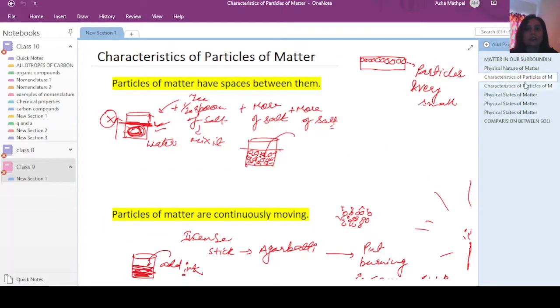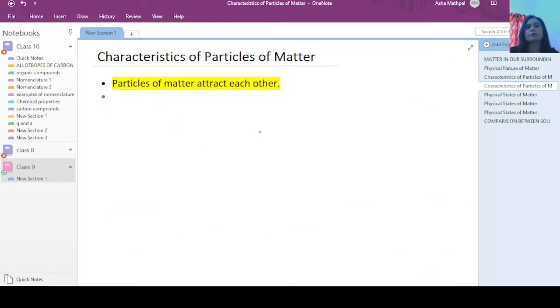Now there is the third characteristic also, that is, the particles of matter attract each other. Now see, the particles are there inside any matter, whether it is solid, liquid or gas. But yes, they have a force of attraction between them. Suppose these are particles A, B, C, D, E. They will experience a force of attraction between them.